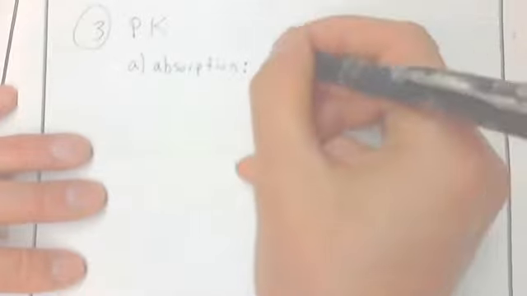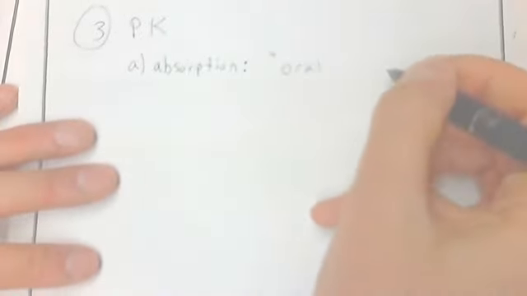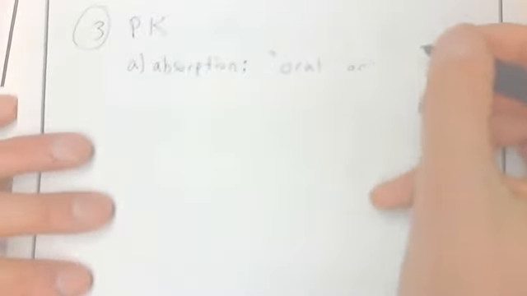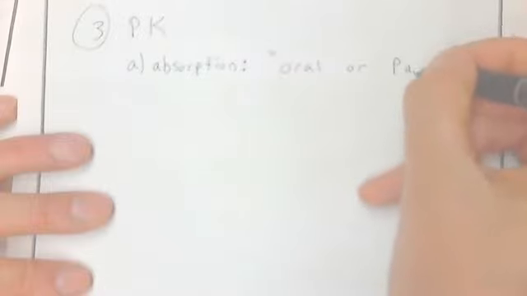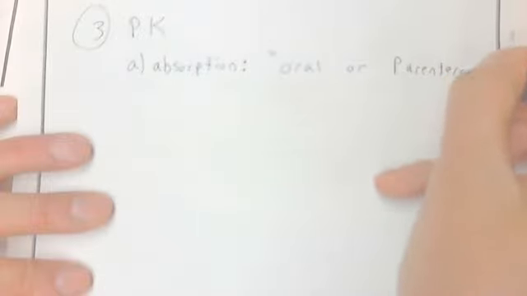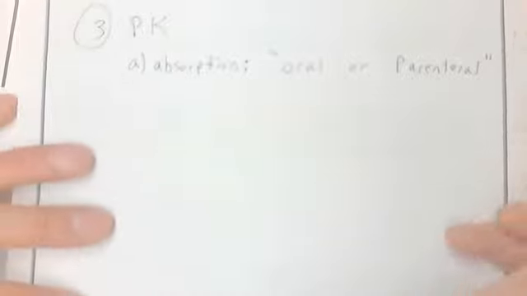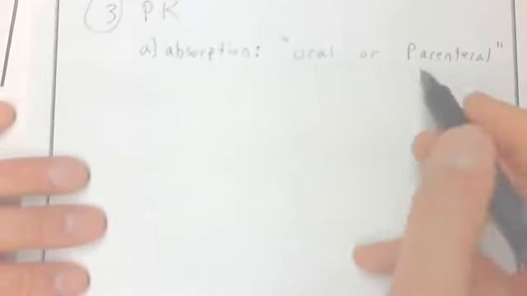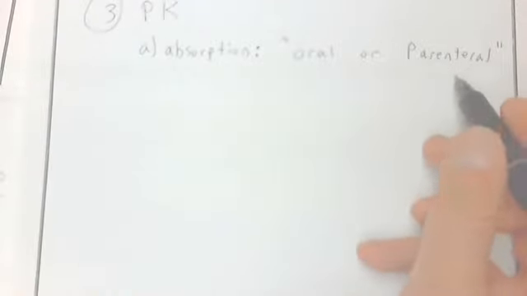So the main types of absorption are oral or parenteral. Oral describes, of course, drugs that we take orally. Parenteral is everything else.